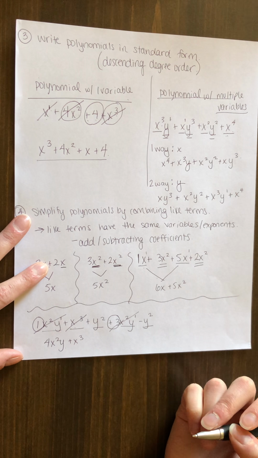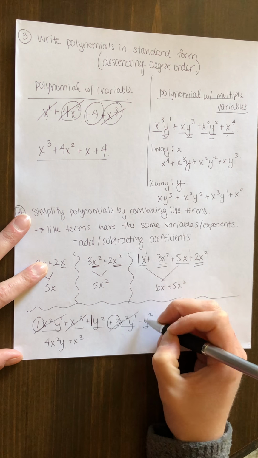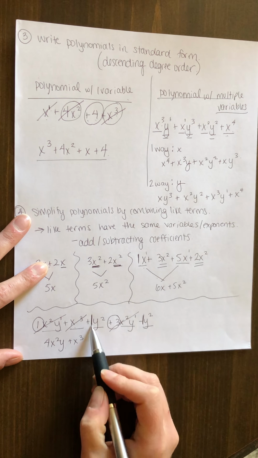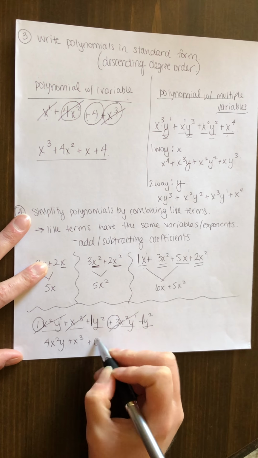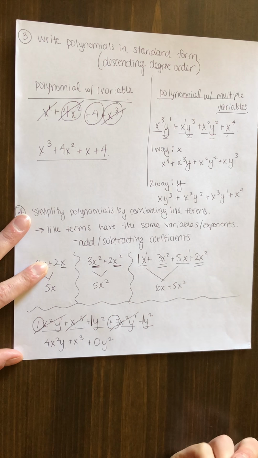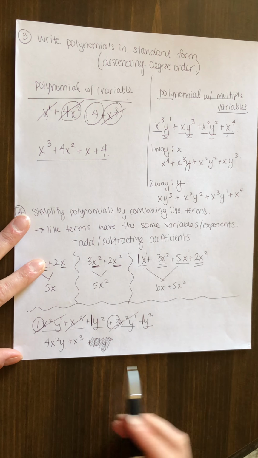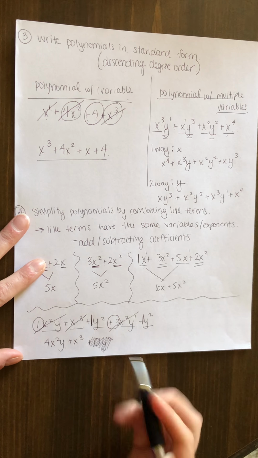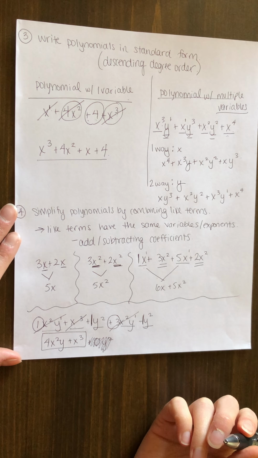I want to perform the operation with the coefficient. So technically there's a 1 in front. And we want to do 1 minus 1, which would get me 0 y squared. So technically we don't need to include that because there's 0 of them. So that would be our final answer.